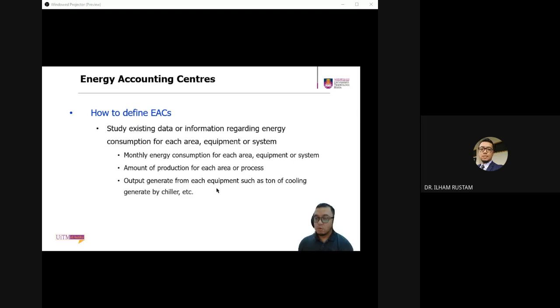And then output generated from each equipment, such as ton of cooling generated by a chiller. If you can't measure the output, for example a chiller, typically a chiller's electrical energy consumption is very high.